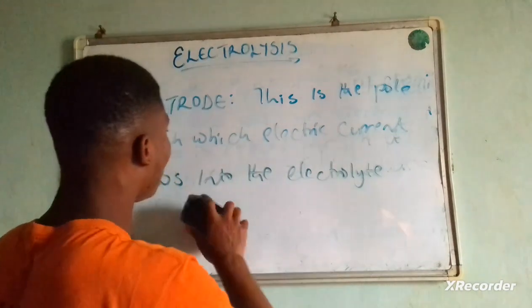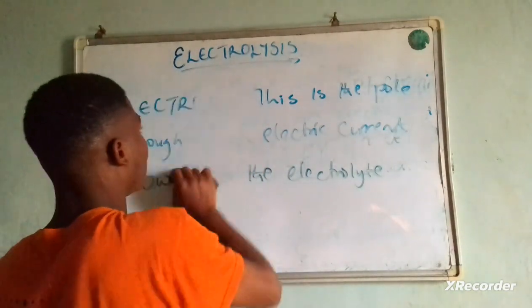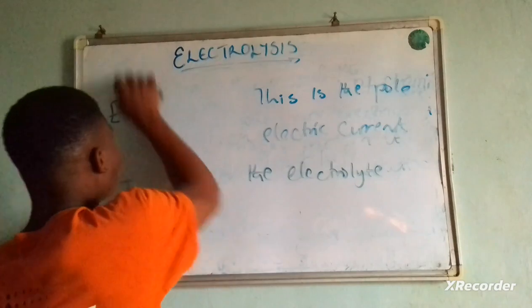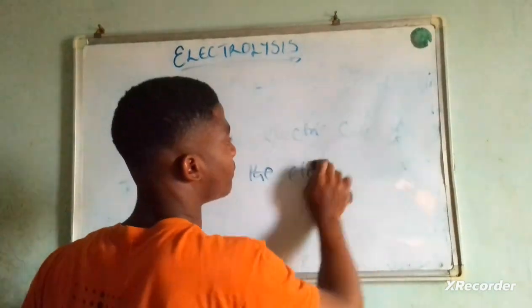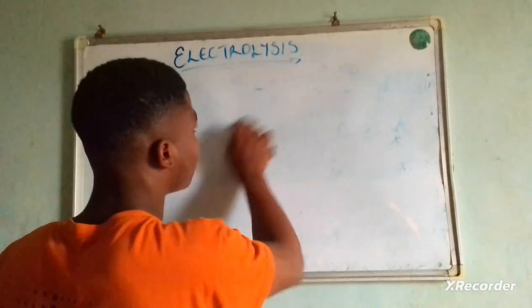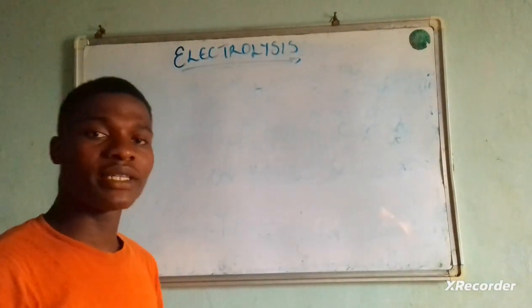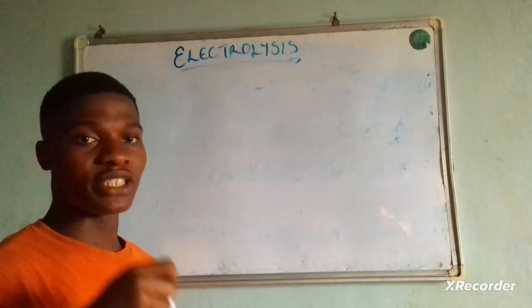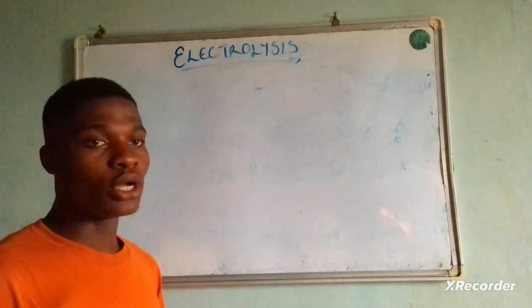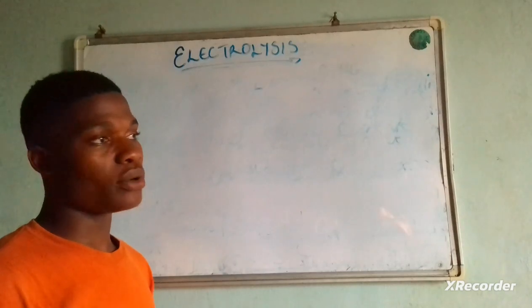So let's talk about electrochemical cell. An electrochemical cell is just a setup in which electrolysis occurs. I'll be using a picture to show you, then I'll also explain it.